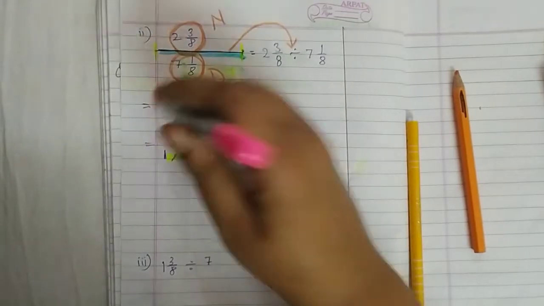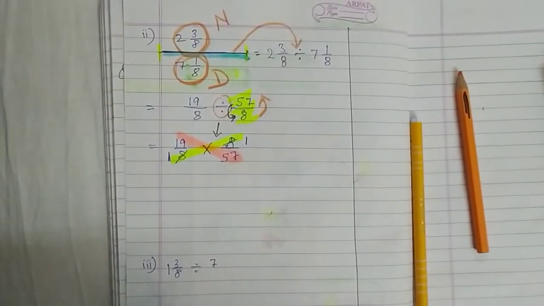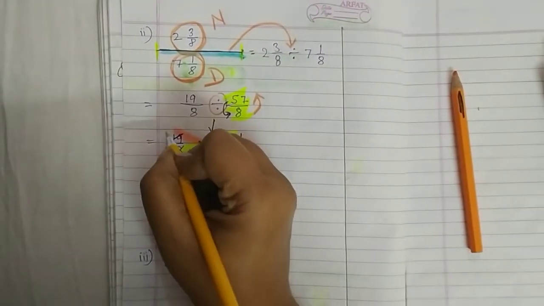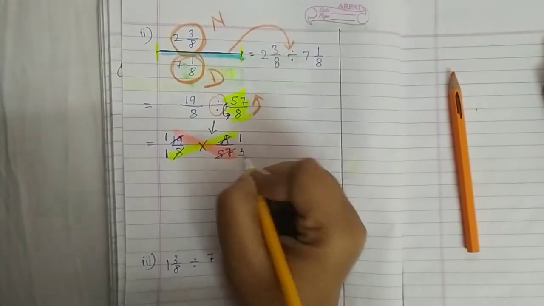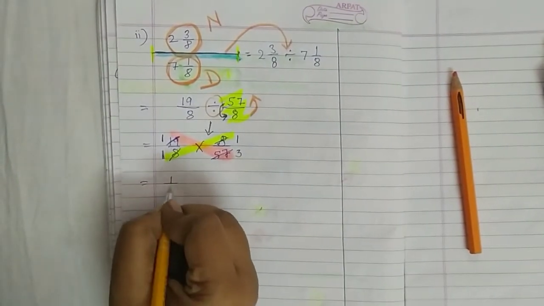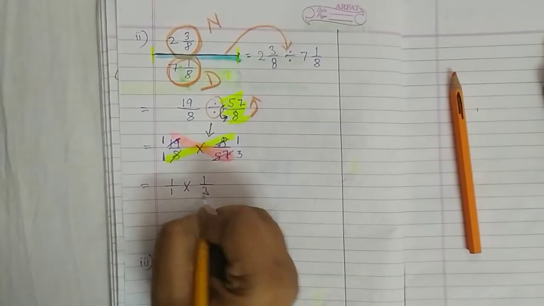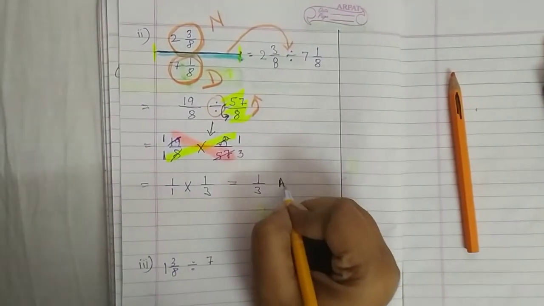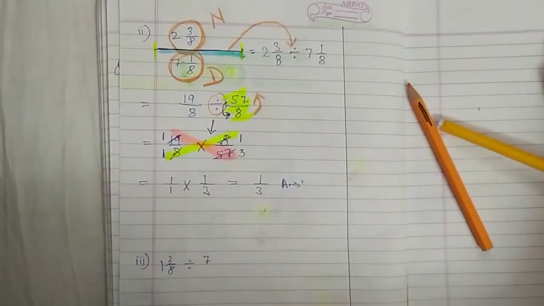Read 19's table, children. 19 ones are 19, 19 twos are 38, and 19 threes are 57. So this is 1 time and this is 3 times. So you will get 1 upon 1 into 1 upon 3, which is 1 upon 3. So 1 upon 3 is your answer.